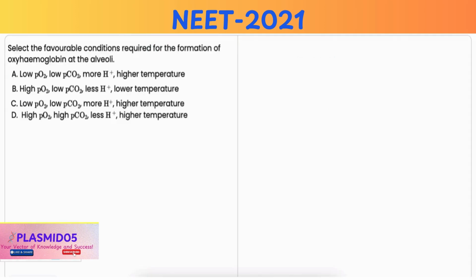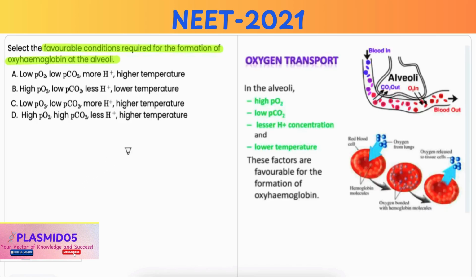In this question, you have to select the favorable condition required for the formation of oxyhemoglobin at the alveoli. Now, factors favoring the formation of oxyhemoglobin at the alveolar level include high partial pressure of oxygen, low partial pressure of carbon dioxide, decreased hydrogen ion concentration, and lower temperature.